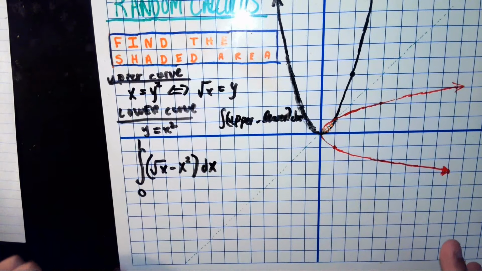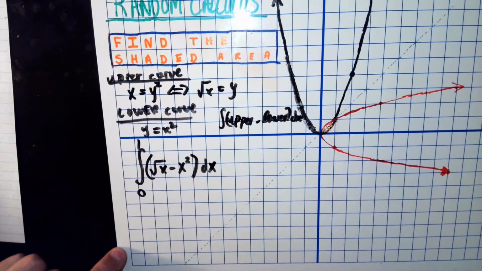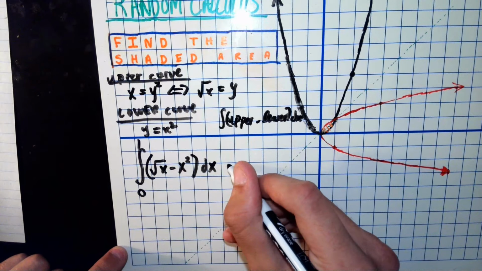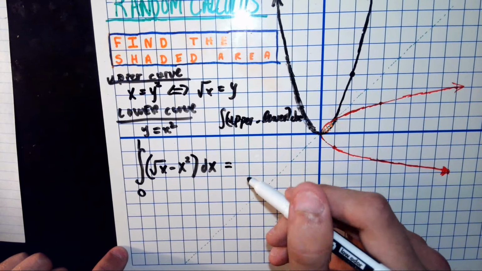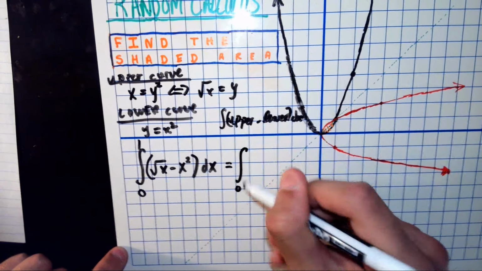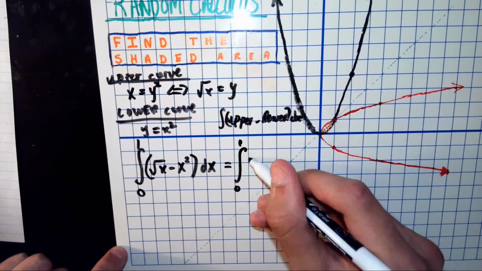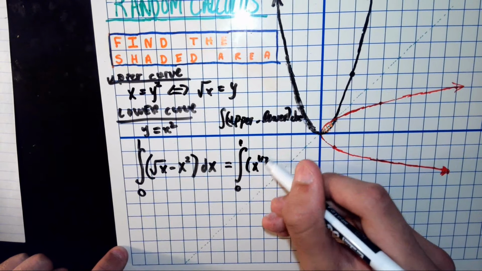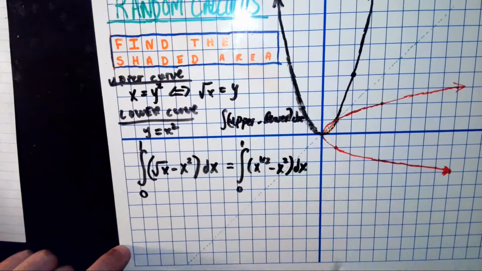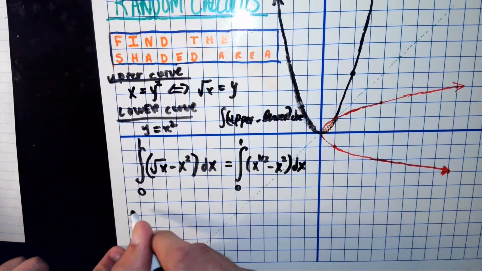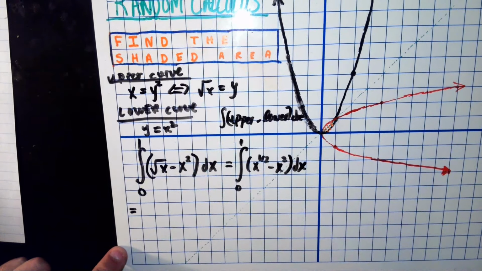So next, we really just need to apply the power rule of integration to this problem while thinking about the square root of x as x to the 1/2. So I'll just rewrite it one more time: x to the 1/2 minus x squared dx. Okay, awesome. Lastly, we're just going to apply that power rule.